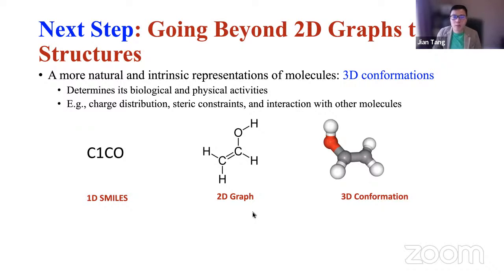So now we are developing geometric deep learning techniques to model small molecules and proteins. For example, we use geometric deep learning techniques to extract geometric features from the surface, which is very important for protein-ligand and protein-protein interaction modeling.